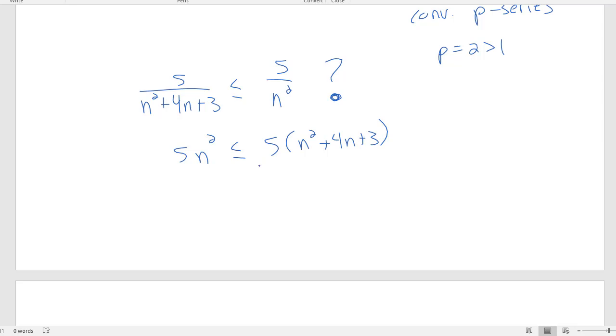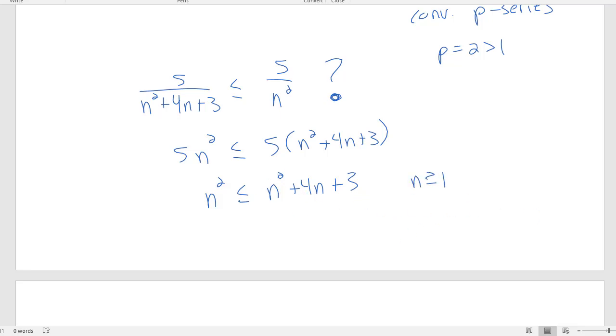Now I'm going to divide both sides by 5. That's dividing by a positive, so I don't change the direction of the inequality symbol. This is why we have the condition that the terms are going to be positive. We want that inequality to work out nicely. So, is this true? Definitely. When n is greater than or equal to 1, we're going to have positive terms.